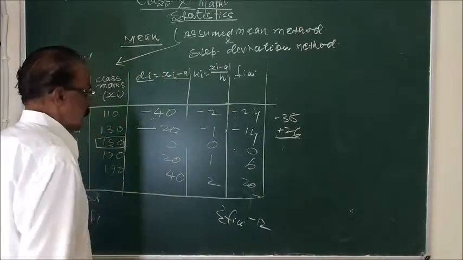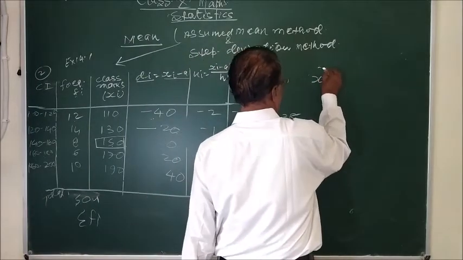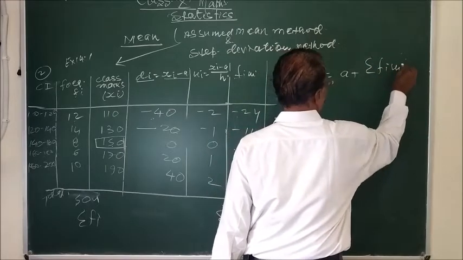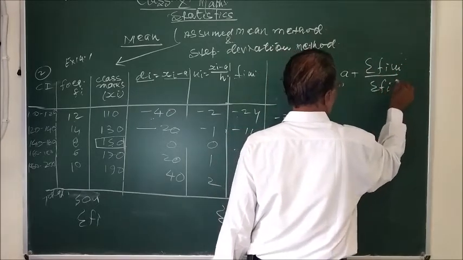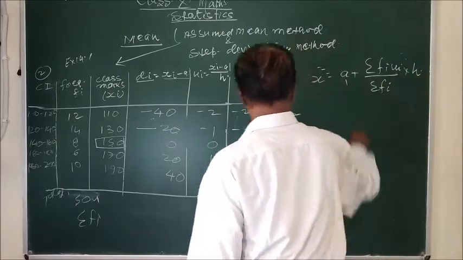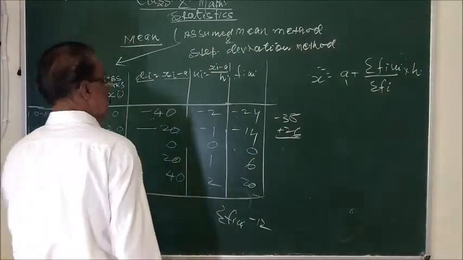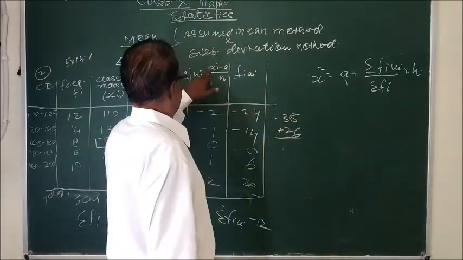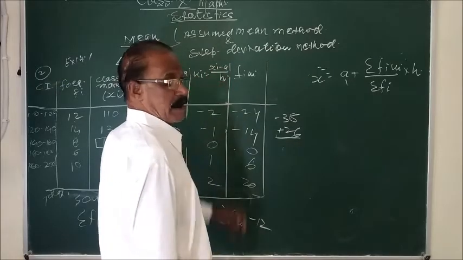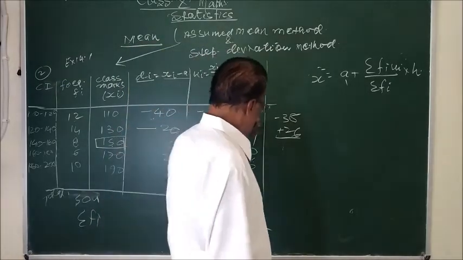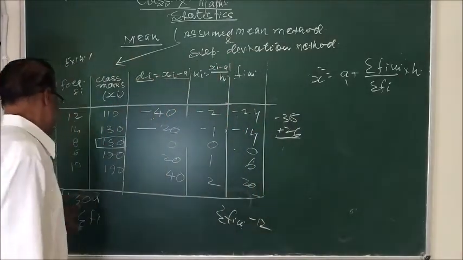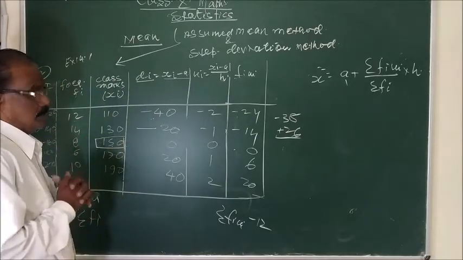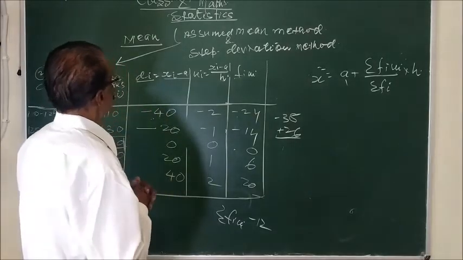Minus 12 is the sum, and this is the formula: mean is equal to a plus sigma fi ui upon sigma fi into h. a is the assumed mean, as you have learned in the previous method, and ui is di divided by the class size. Now if you put the values, the sum of frequencies will be the same. So you put these values in that formula, and you will find the value of mean.